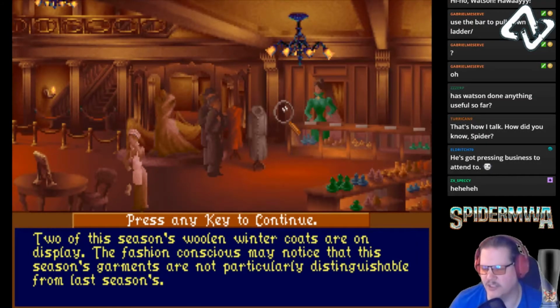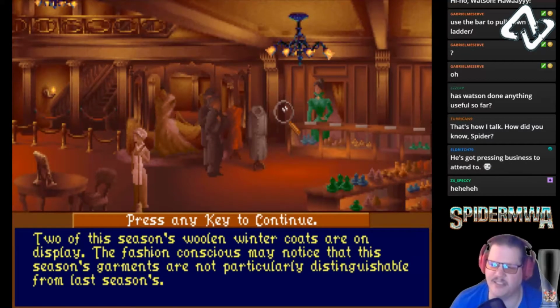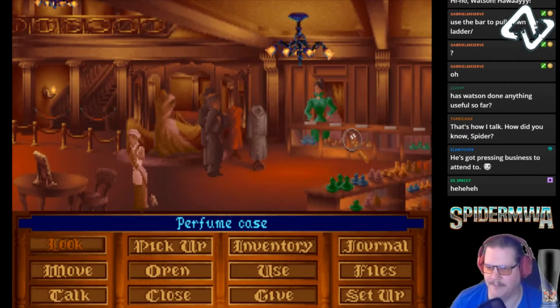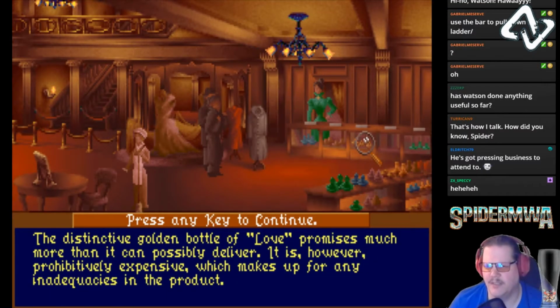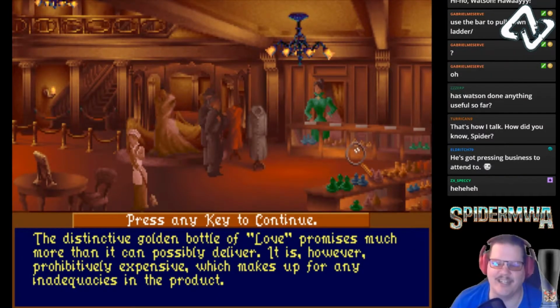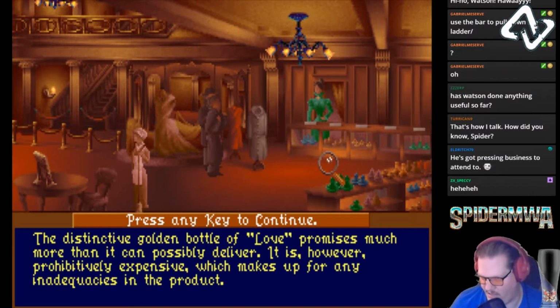The fashion-conscious may notice that this season's garments are not particularly distinguishable from last season's. The distinctive golden bottle of love promises much more than it can possibly deliver. It is, however, prohibitively expensive, which makes up for any inadequacies in the product.